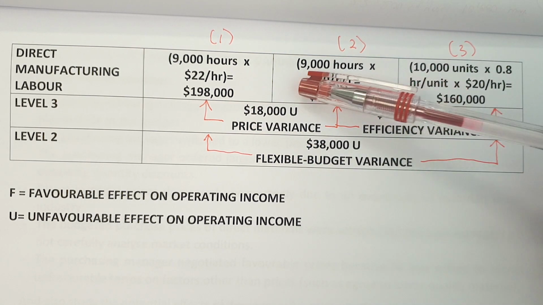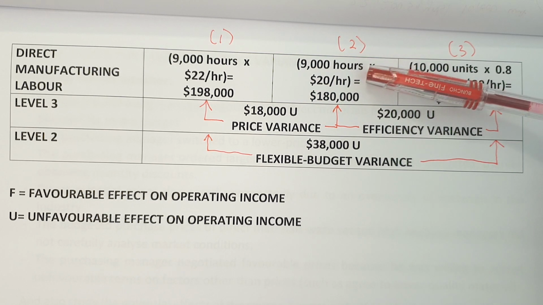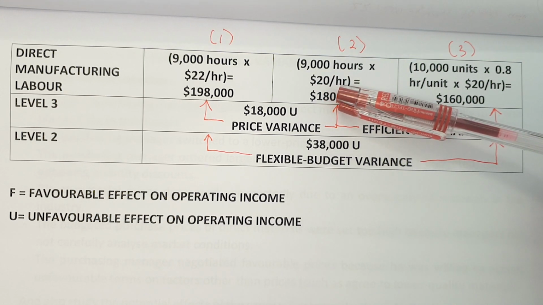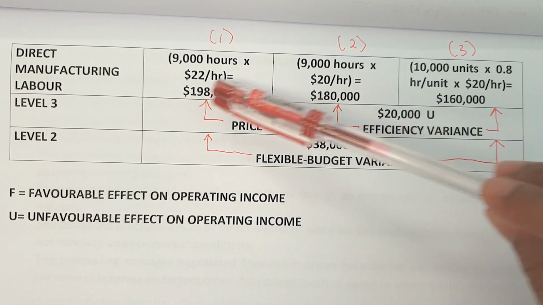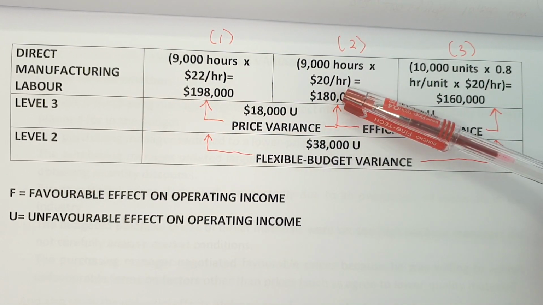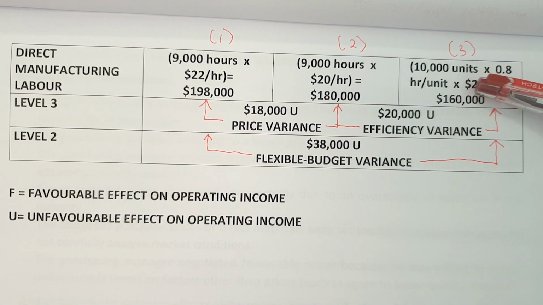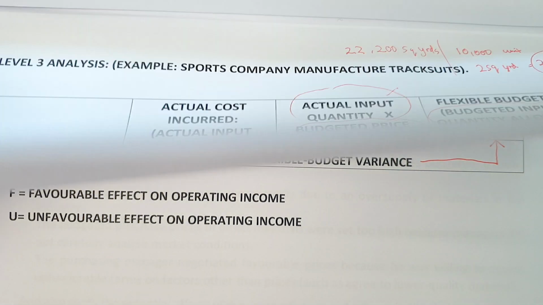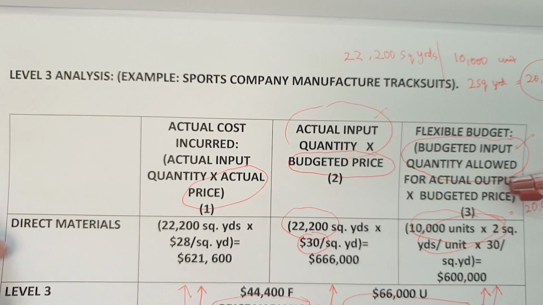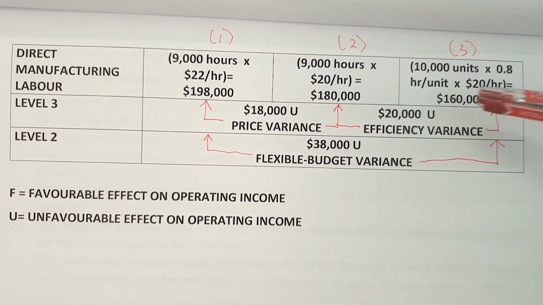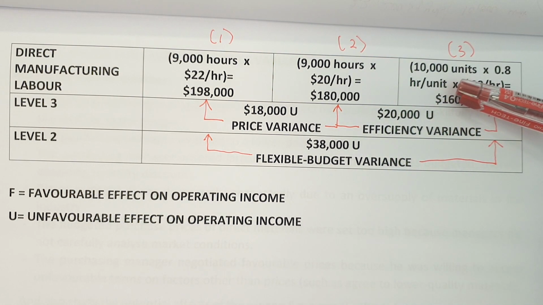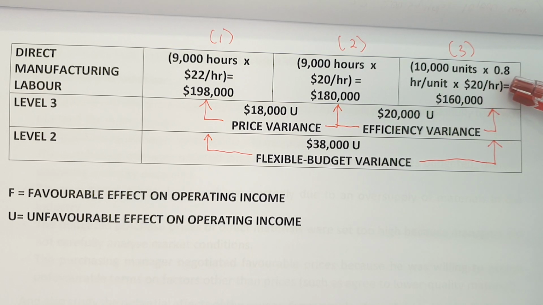For column 2, 9,000 hours is the input quantity that we use, times 20 per hour. 20 per hour is the budgeted price for direct manufacturing labor. Column 3 is the budgeted quantity of input that we plan for actual output times the budgeted price. We want to produce 10,000 units, and each unit will use 0.8 hours.